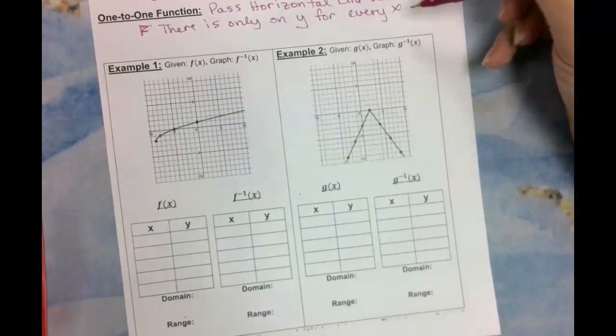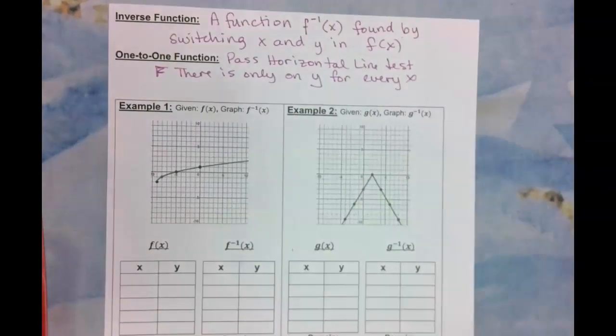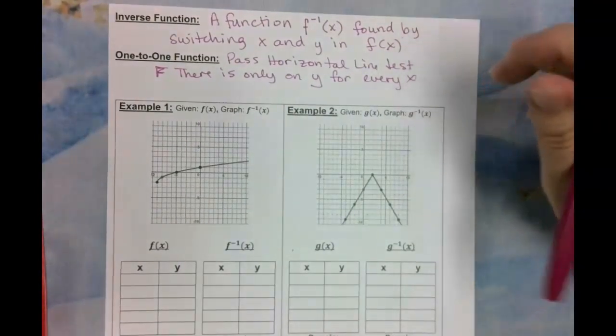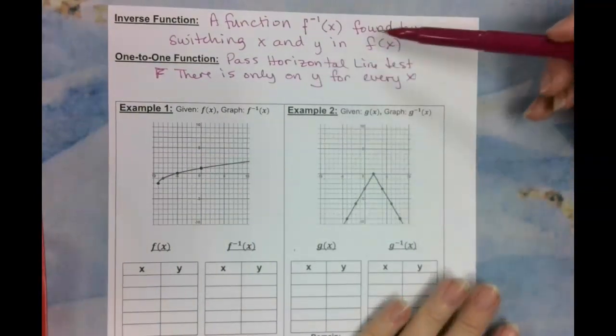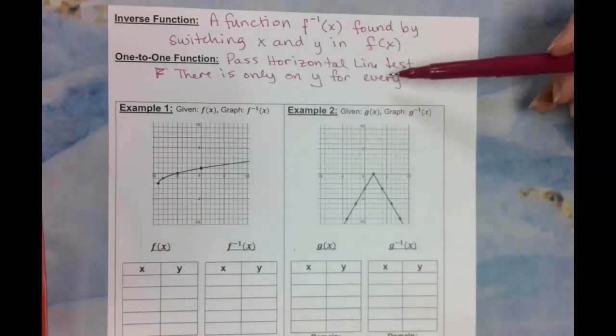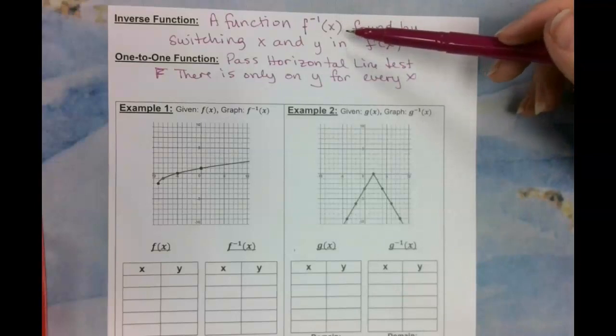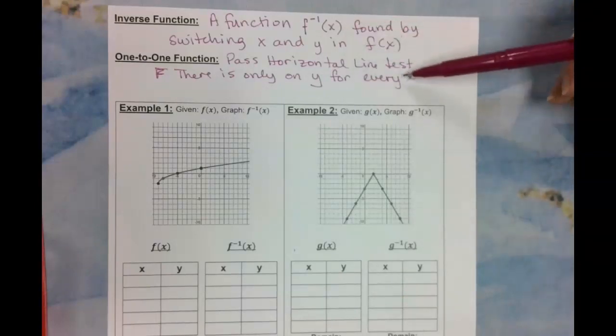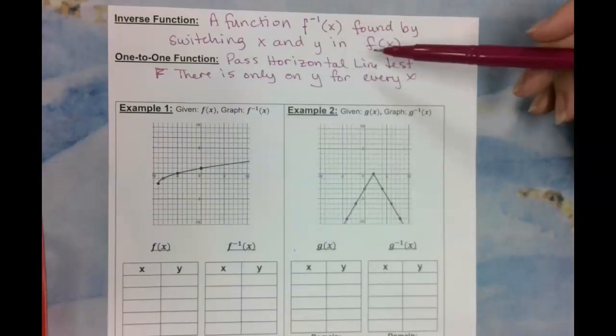And we already did the one-to-one before. We're just reminding ourselves: if our original function f of x is one-to-one, our inverse will be a function. If it's not one-to-one, our inverse is not going to be a function.